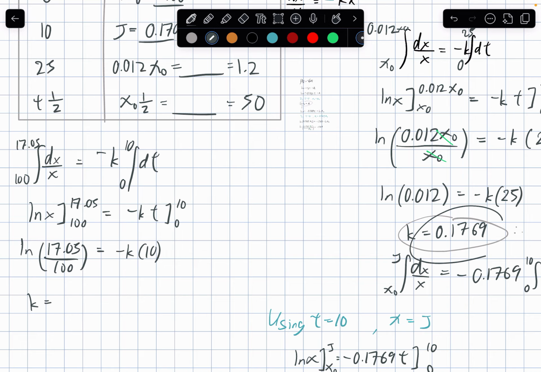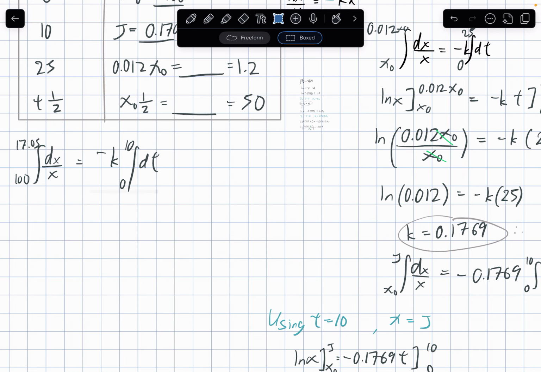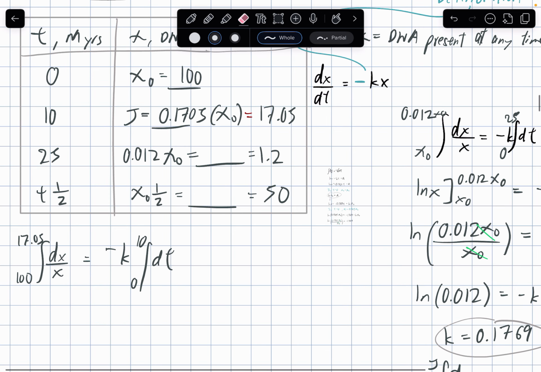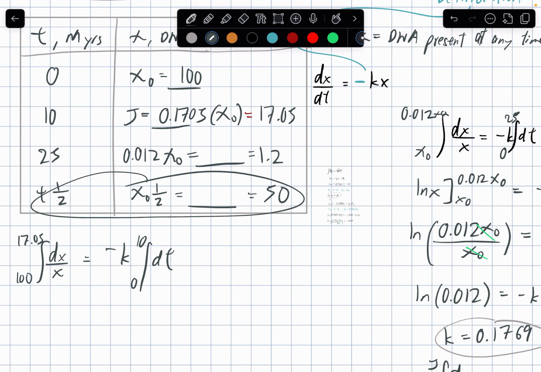So that's a good sign, no? We're getting somewhere. We can choose any of these pairs, because it's the half-life that we're trying to find.